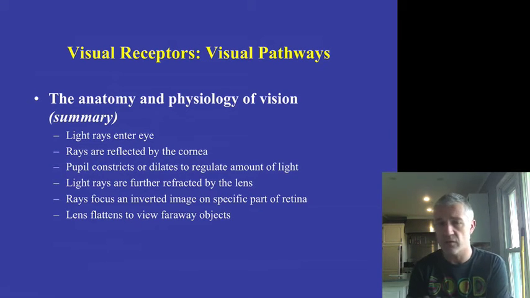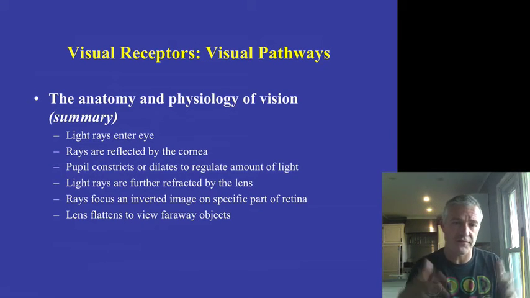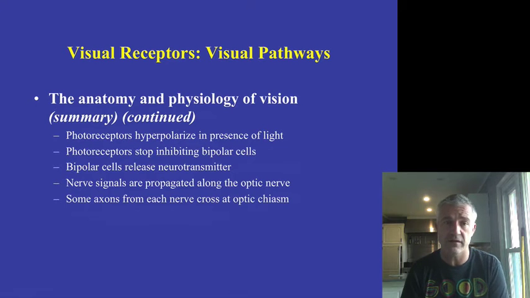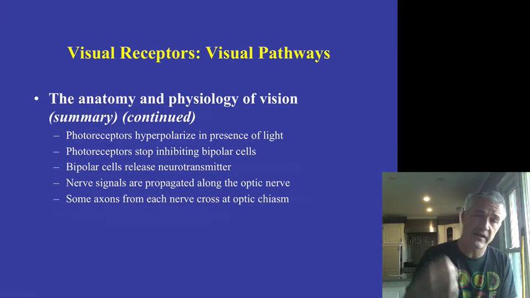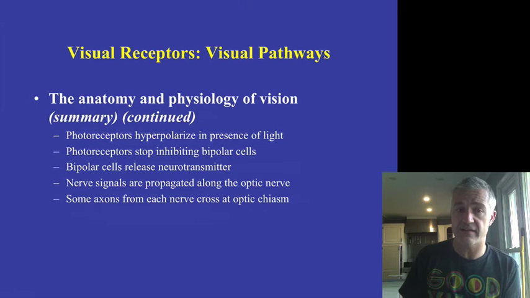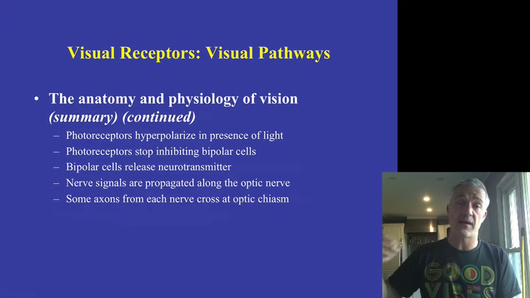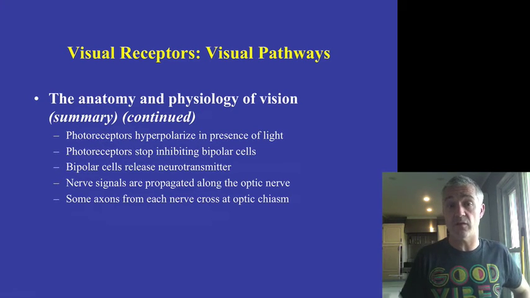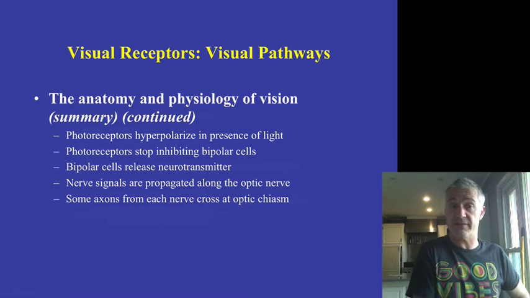So again, how this is working, light is entering the eye, being refracted by the cornea, through the pupil into the lens. The lens is going to further refract this and help focus this light onto the retina. We can change the shape of it depending on if we're far away or closer. These photoreceptors, when they're hit with this light, are hyperpolarized in the presence of light. That stops their inhibition of a bipolar cell, which lets the bipolar cells release neurotransmitter.